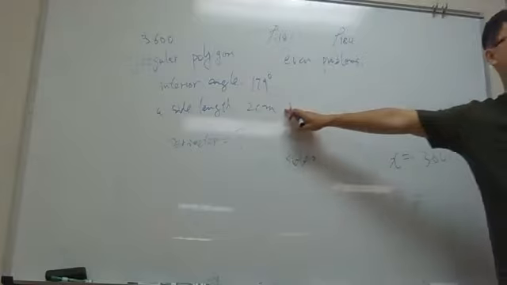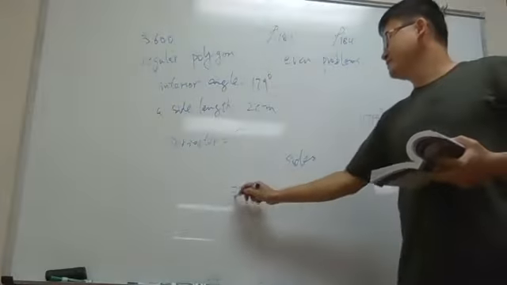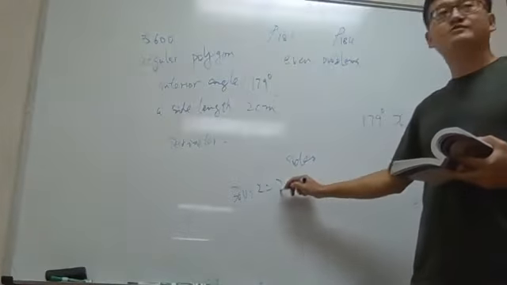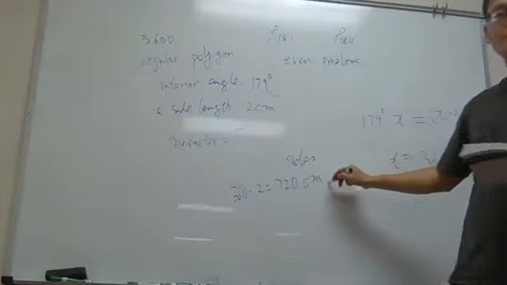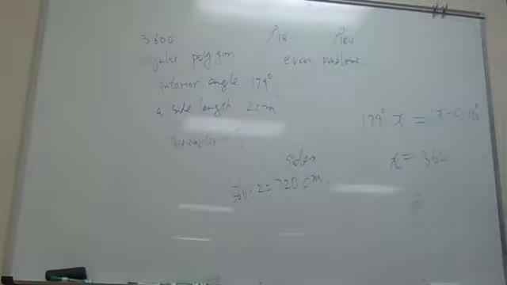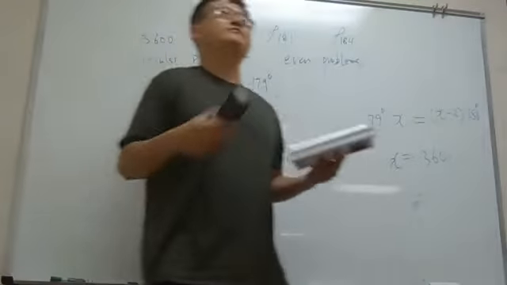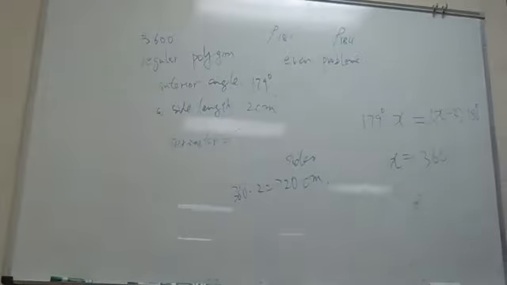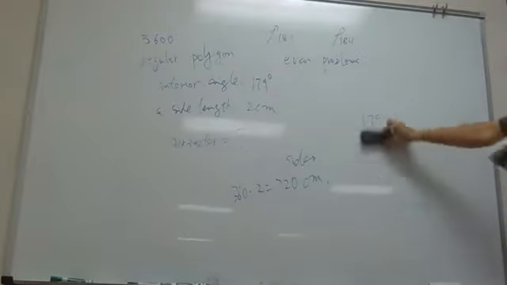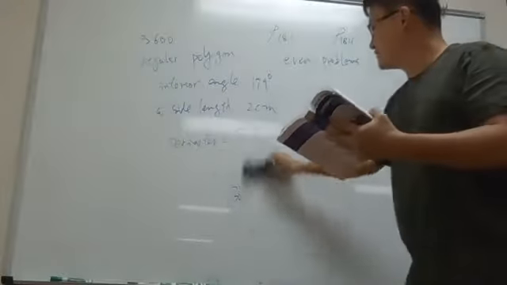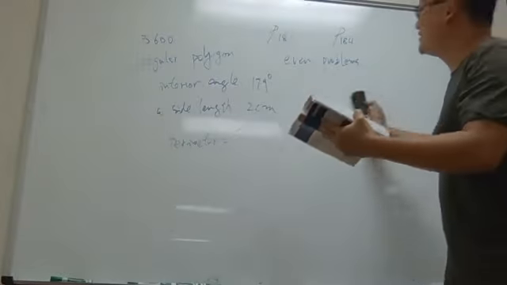Each side has length 2. So the perimeter would be 360 times 2, which is 720. I mean, that's very good. You have your own way to do it. So normally for geometry problems, there are several ways to do it, and they're often just equivalent to each other. But feel free if you have another new way to solve it, or maybe a shorter way to do it. Okay, so 720 is the answer.